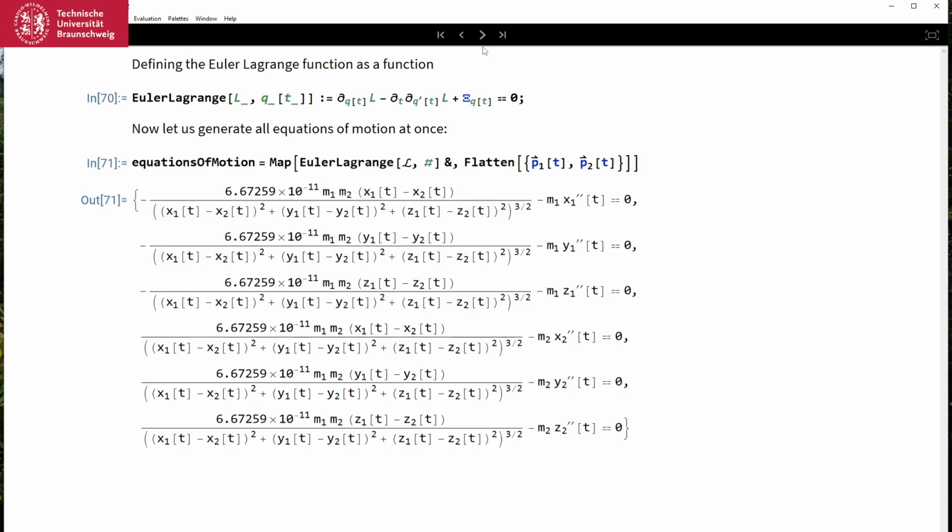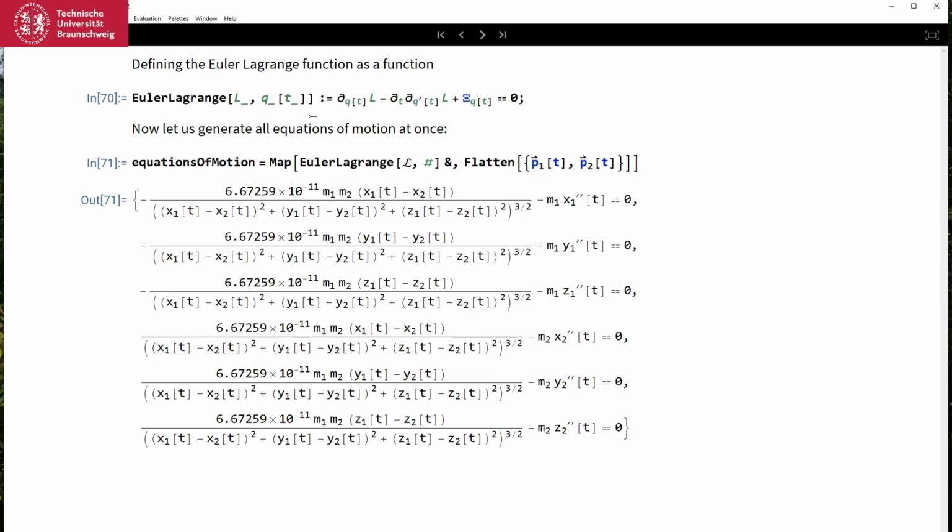So we simply get the Euler-Lagrange equation, and now actually comes some Mathematica.